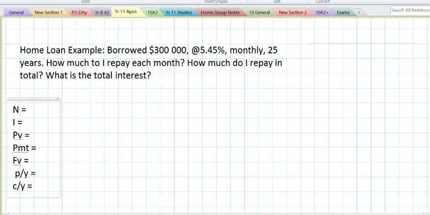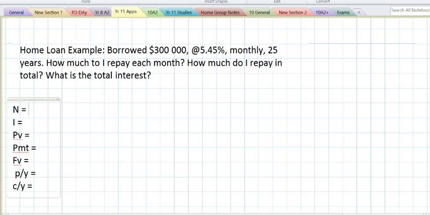And once again, our working is exactly the same as our old compound interest questions. So, how would I find N, the number of periods, if it's compounded monthly for 25 years?